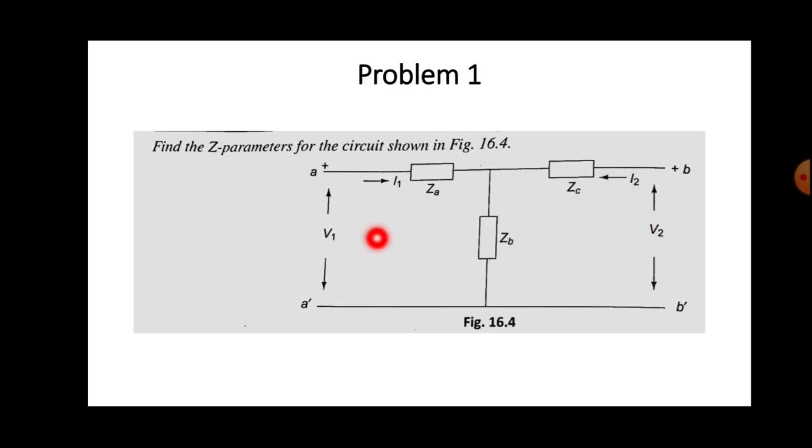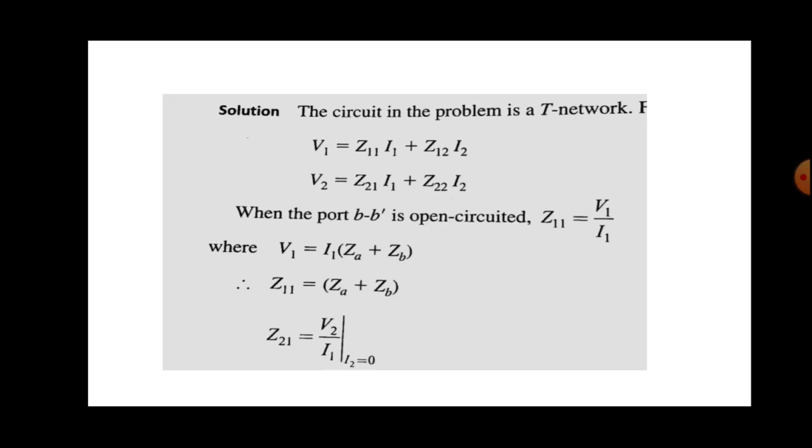We have to find the values of Z11, Z12, Z21, Z22. Each of these Z parameters is found by open circuiting the ports. First we write the equations for the two-port network: V1 equal to Z11 I1 plus Z12 I2, and V2 equal to Z21 I1 plus Z22 I2.